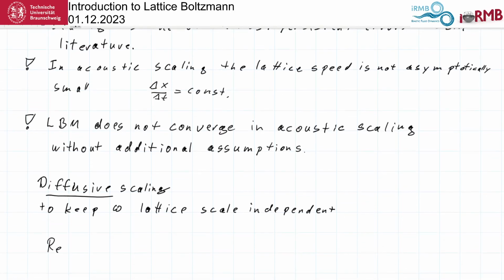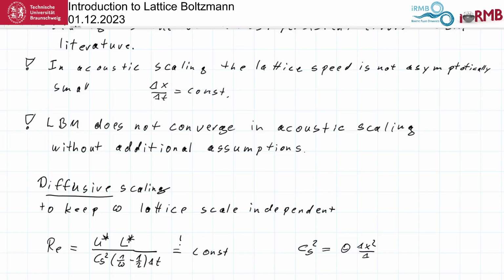So the Reynolds number is U star L star, CS squared, 1 over omega minus 1/2, delta t. Hence it is supposed to be constant because it is what is defining our physical reality. Now the CS squared, we can also sometimes write this as theta, theta being the dimensionless temperature.